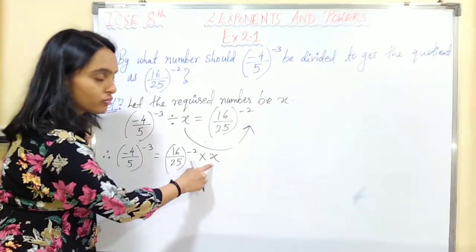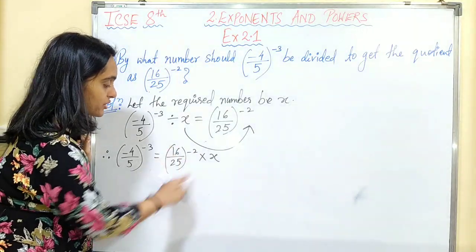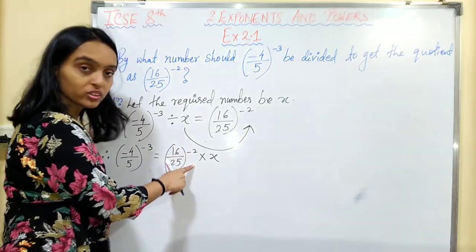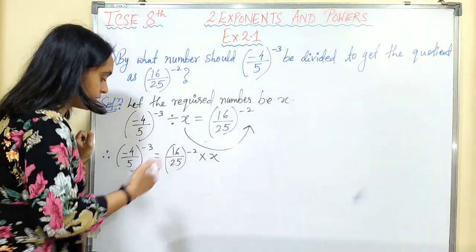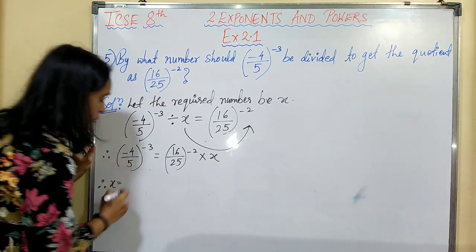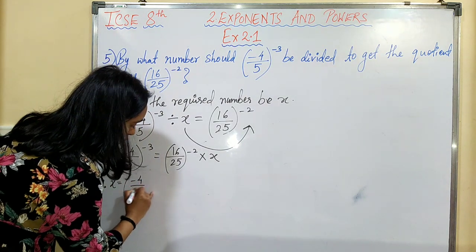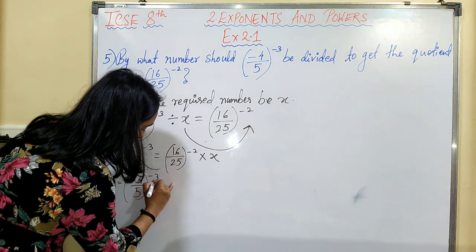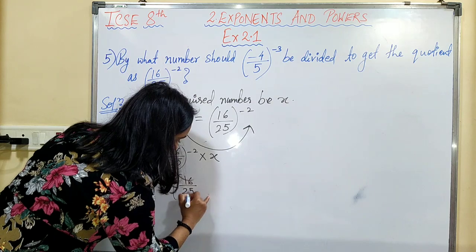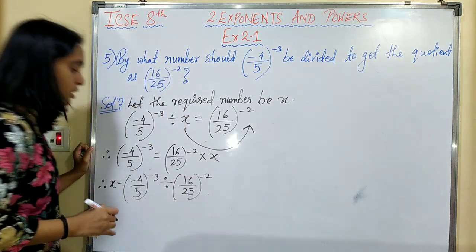Now we want the value of x, so we will transpose this rational number to the left hand side. Here it is in multiplication, it will come here and get divided. So therefore you will get x equals this number, minus 4 upon 5 raised to minus 3 divided by 16 upon 25 raised to minus 2.